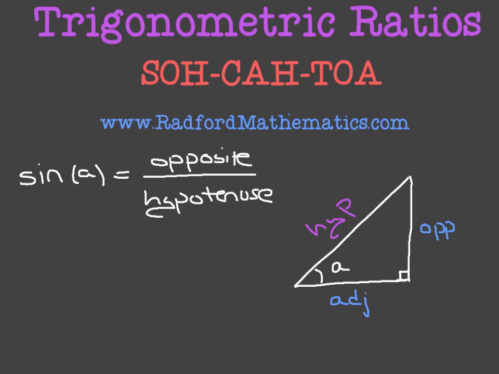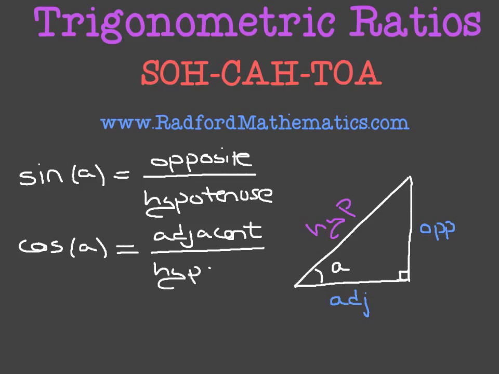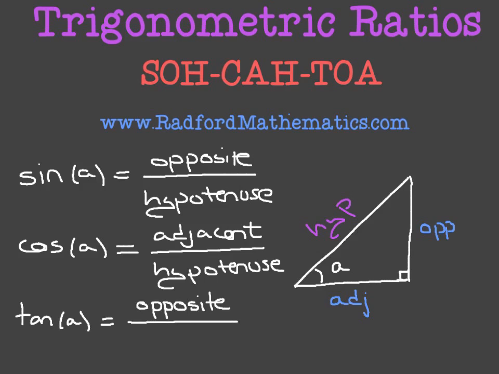Similarly, we have the cosine of that angle A, which is equal to the adjacent side length divided by the hypotenuse. And finally, we have the tangent of that angle A, which is defined as the opposite side length, opposite to A that is, divided by the adjacent side length.